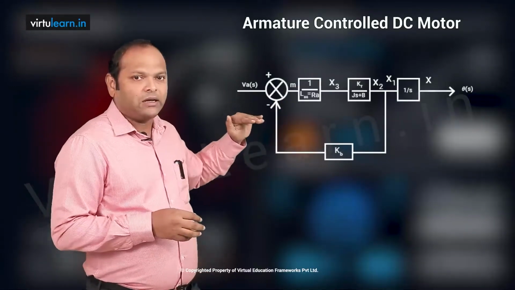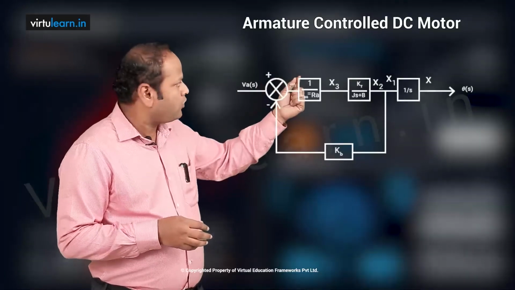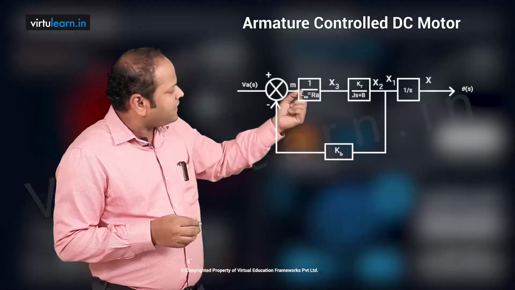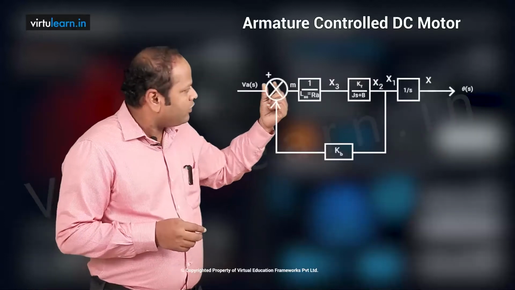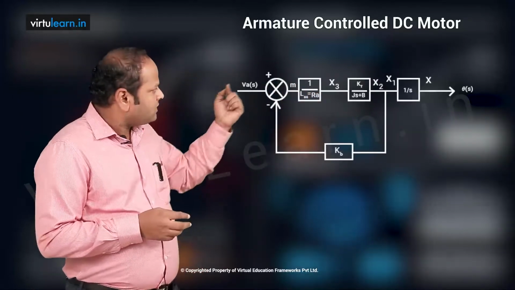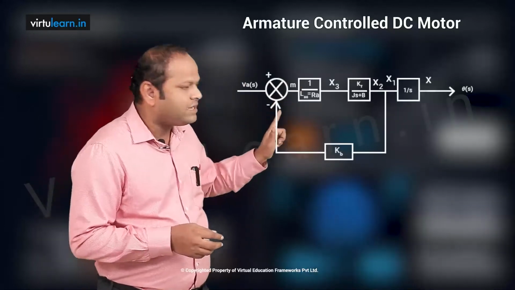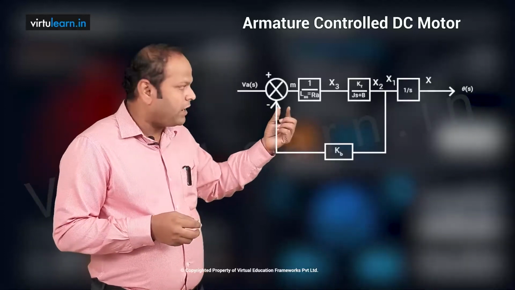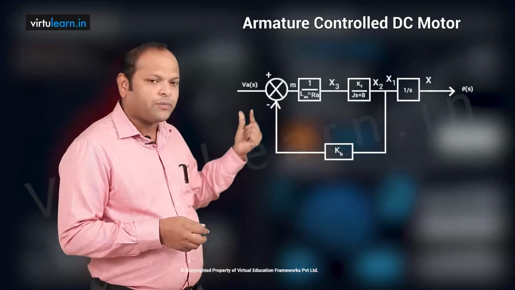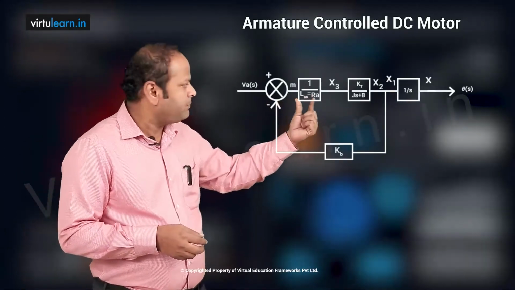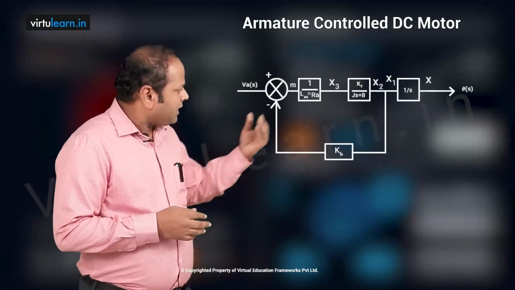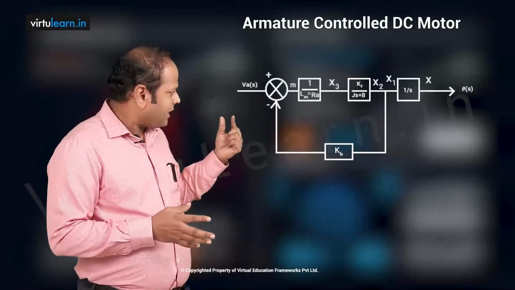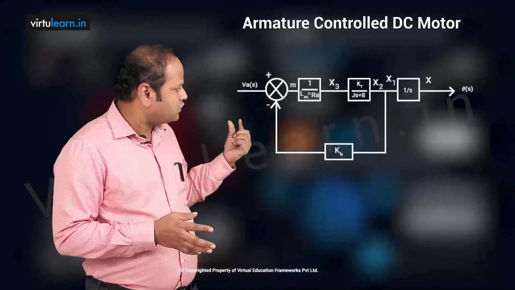Then for the second, the block is already available, with output and input, and I just want to write the relation. x2 dot is nothing but x3, so I want the x2 by x3 relation. x2 by x3 is KT by Js plus B. Cross multiplying, I want to write x2 dot separately, which is KT x3 minus Bx2 divided by J. Since x3 is one state variable and x2 is another, Sx2 is x2 dot.